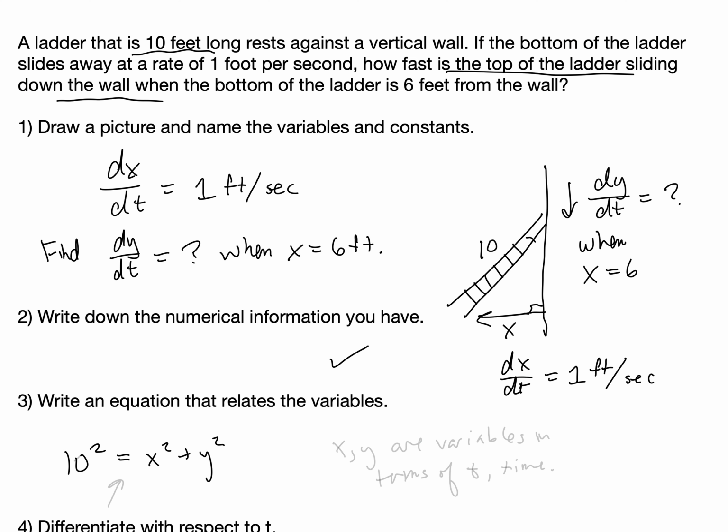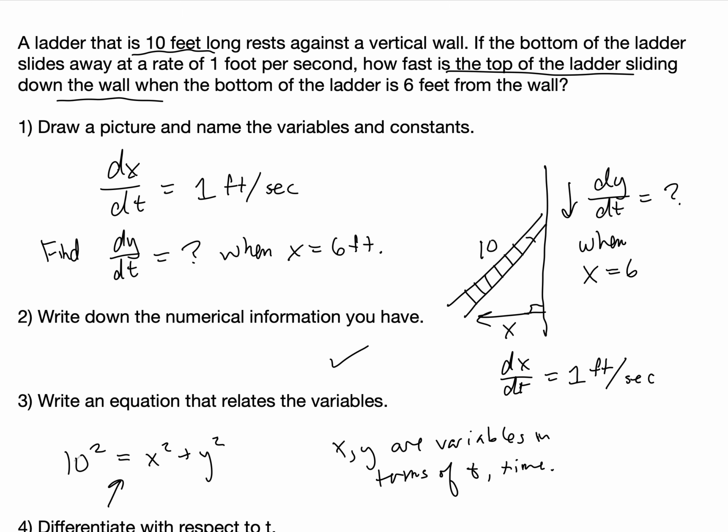The distance of the bottom of the ladder from the wall is x, and the height of the ladder is y. So we've got this equation that relates the variables, and both x and y are variables in terms of t, time. So as time continues, that ladder is moving away, and x and y are both changing.